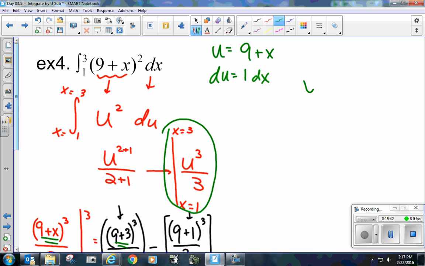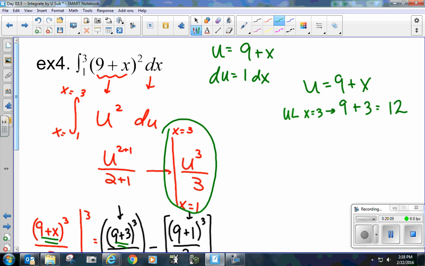If u equals 9 plus x, my upper limit, I'm going to call this ul, x equals 3, right? So therefore it is 9 plus 3. I'm just throwing a 3 in for x in my upper limit. So therefore, my upper limit in terms of u would be 12.